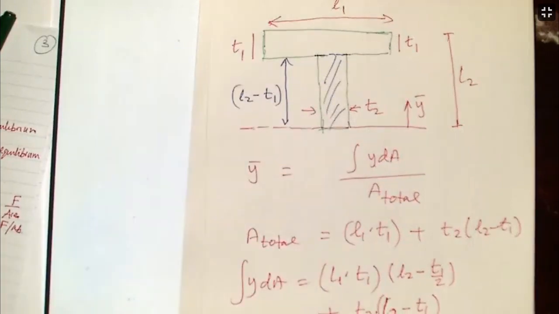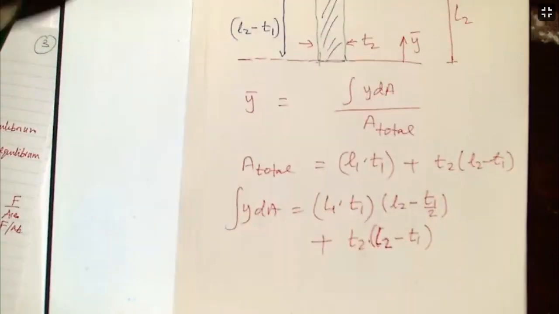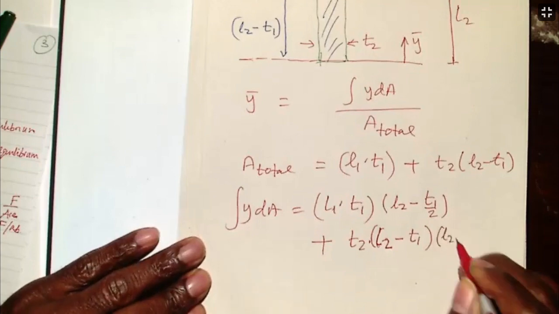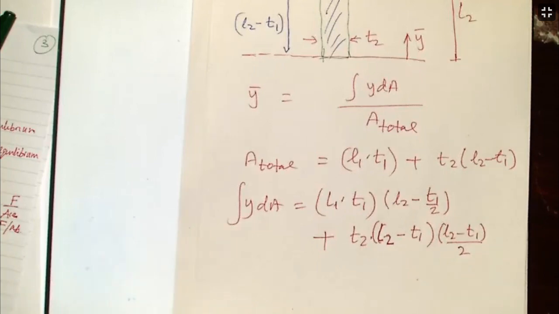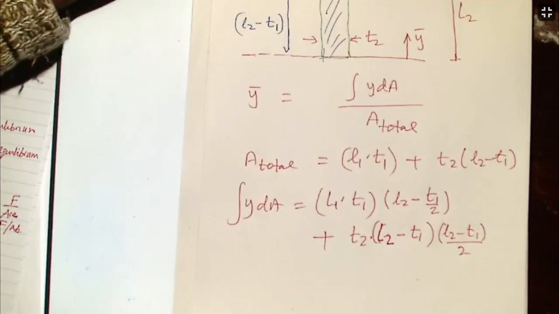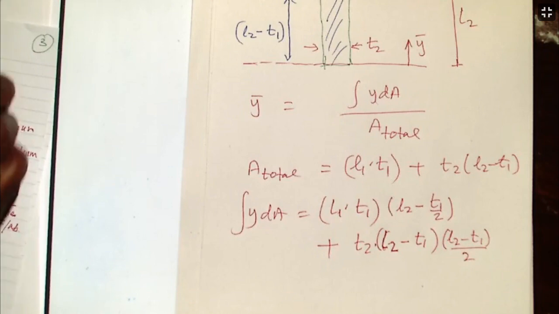Yeah. And so the center is basically half of that from the base. So we put that there, we'll say times L2 minus T1 over 2. And you can do that for any cross-section. You just decide what is your reference plane, and then you walk your way through. Okay, so is that clear?